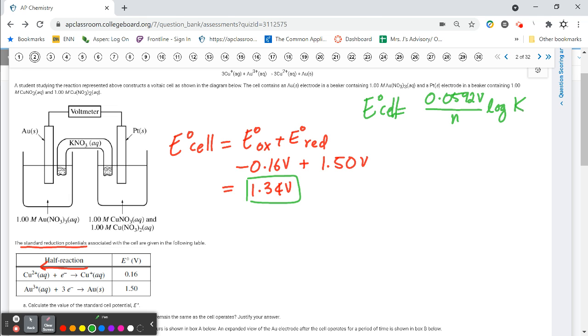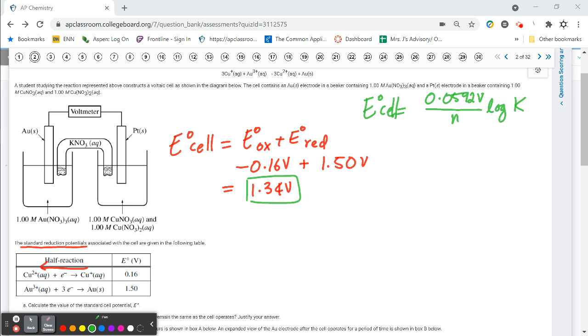Okay, so anytime you have your E cell in the back of your mind, you should think, I have a way to calculate the equilibrium constant, and I also have a way to calculate my delta G for this reaction. This reaction is thermodynamically favorable based on your E cell, but can you now calculate the delta G standard for this reaction?